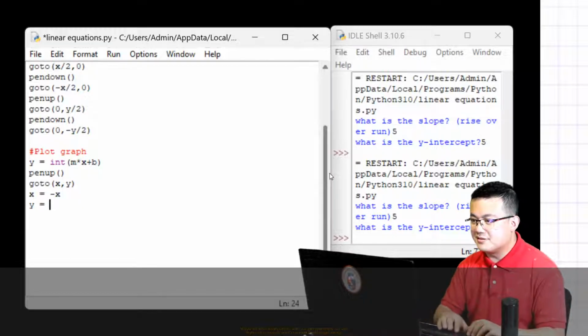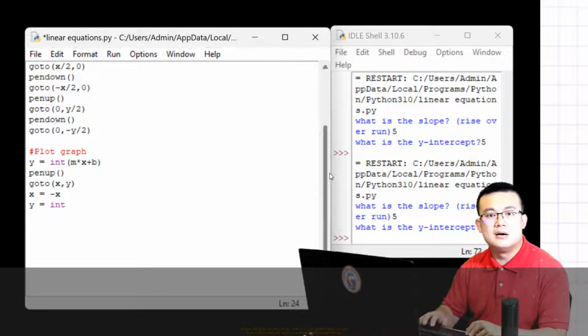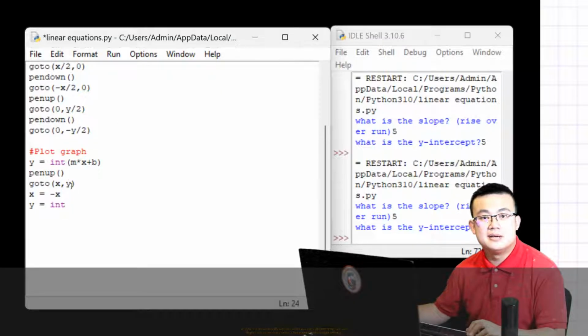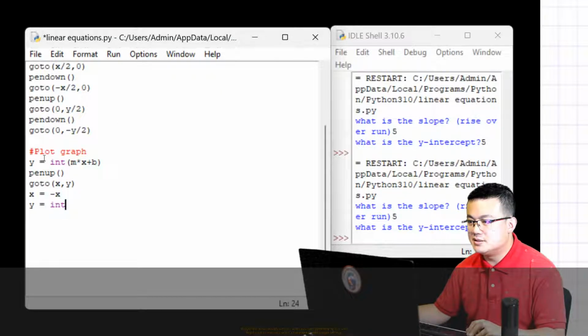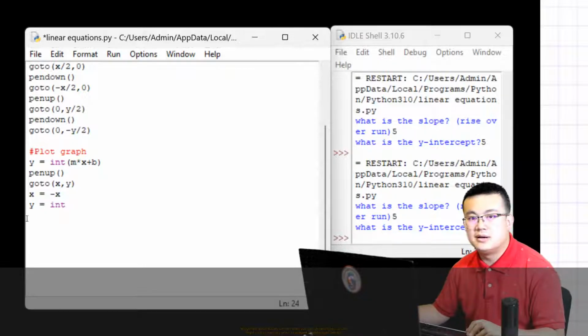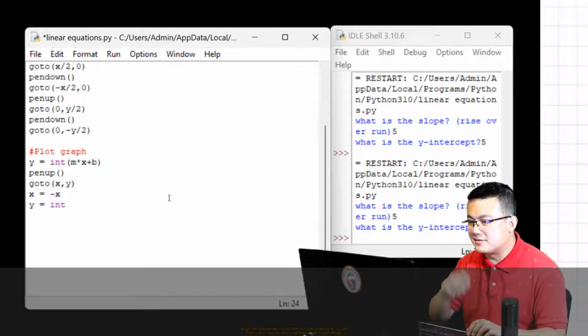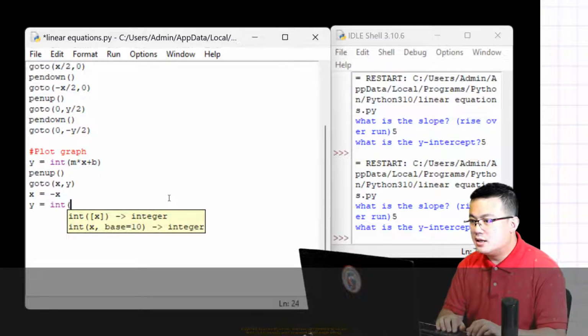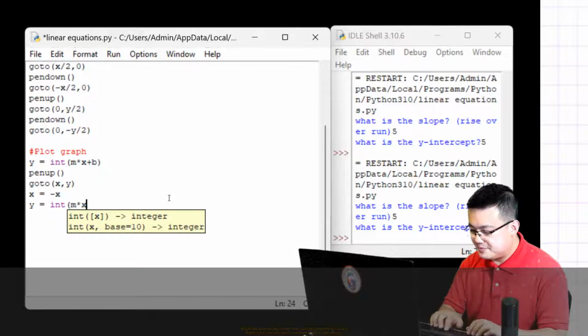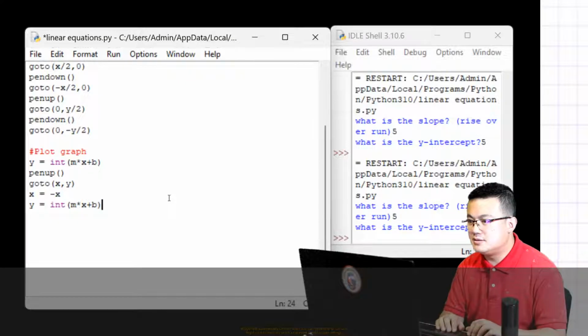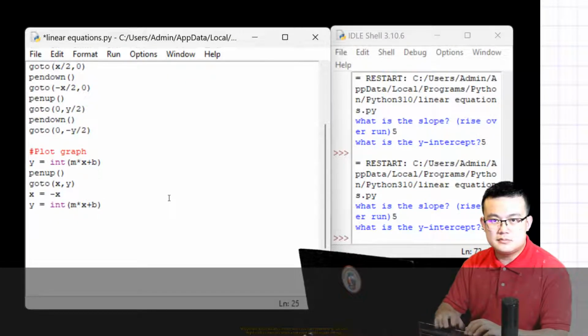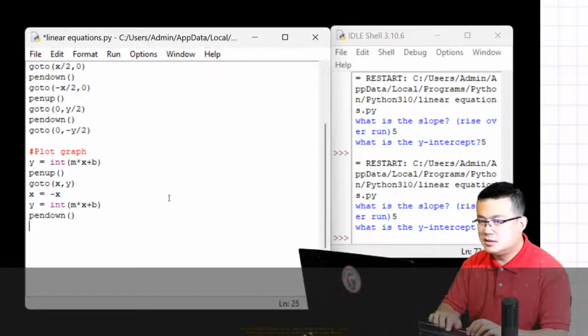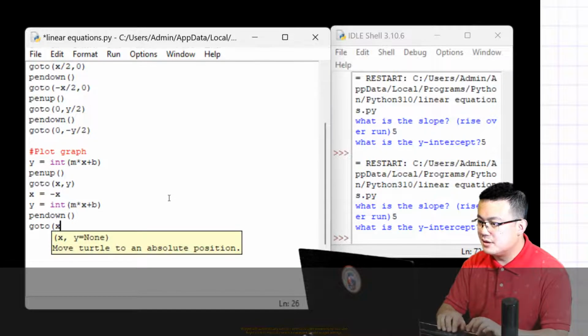Y equals int... oh no, I've already done that, right? Y equals mx plus b. Oh no, y equals minus x. Yeah, no, this is fine. M times x plus b. Pen down. Go to xy.